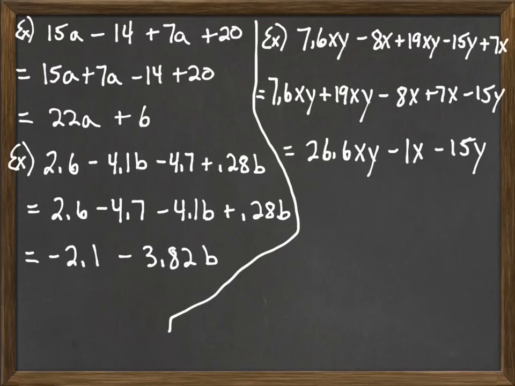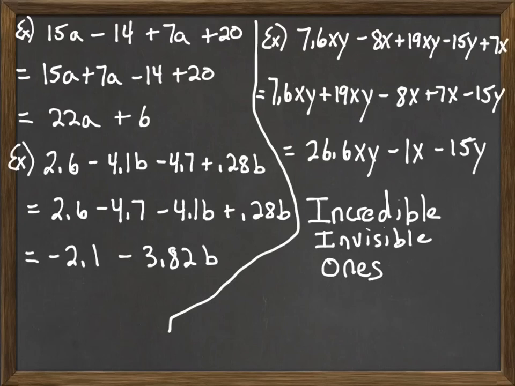And that brings an important idea in here with a variable. I refer to it as the incredible invisible ones. See, when we have a variable like x, that x has a bunch of secret ones that are hanging around if needed.